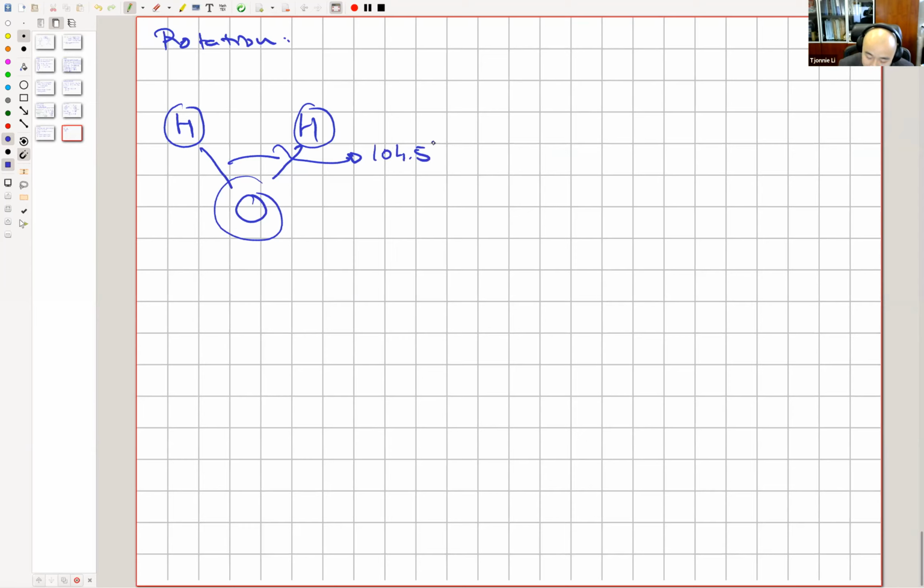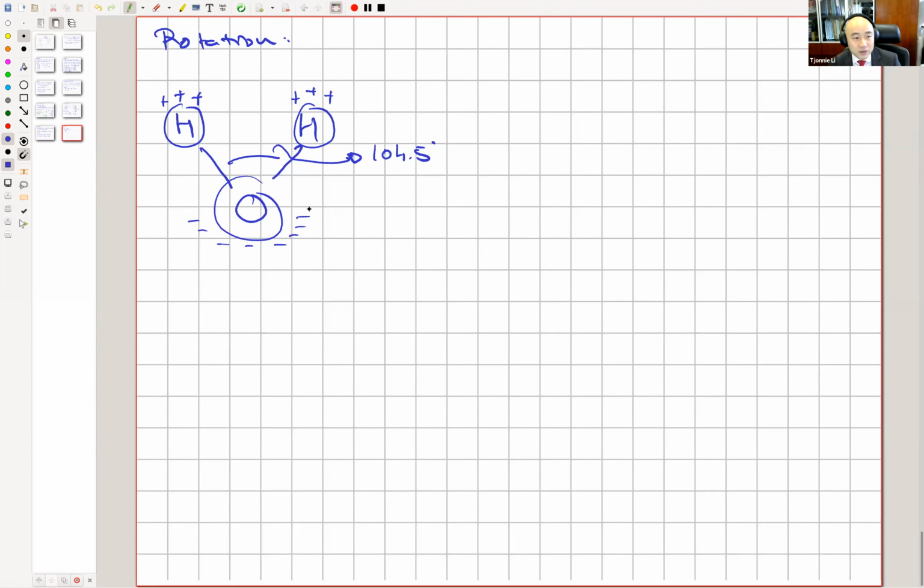Okay, now what is important in a water molecule is that you actually get a natural polarization. So we get that the positive density is distributed along the hydrogen atoms, and then there's a negative charge distribution around the oxygen.